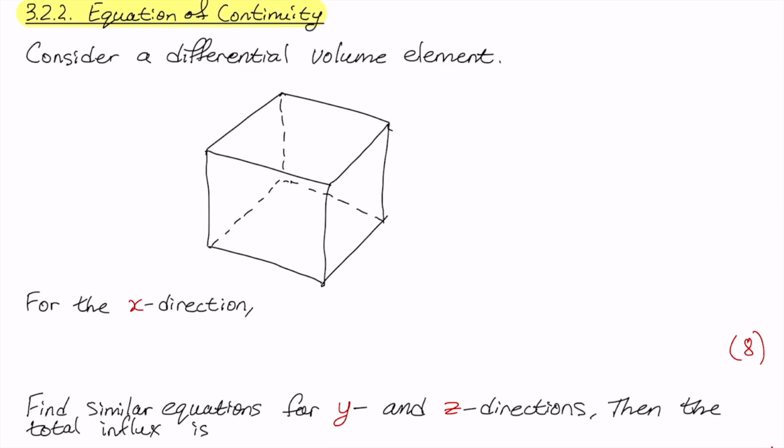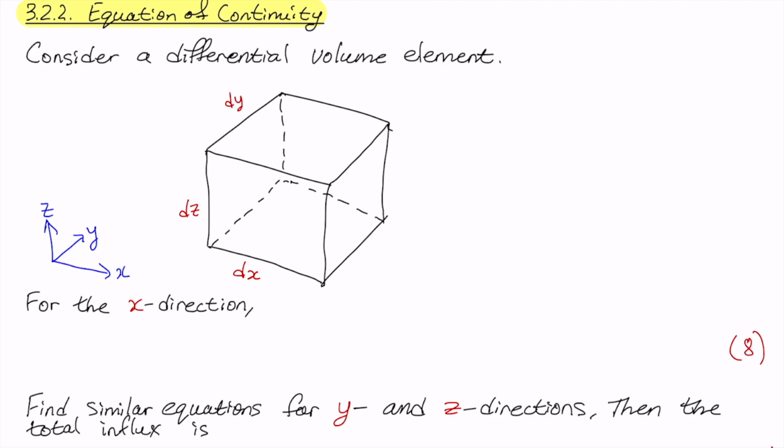Okay, now for the equation of continuity, we're going to consider a differential volume element shown here. Let's go ahead and draw our directions. Vertically, we're going to have the z direction. In this direction, we'll have x, and over here, we'll have y. So then the differential element sizes are going to be dx, dz, dy.